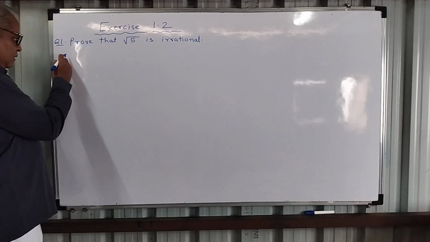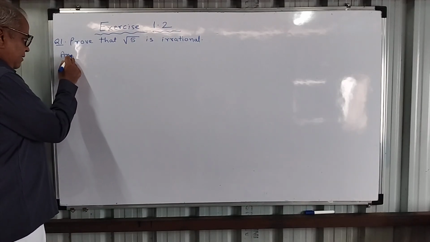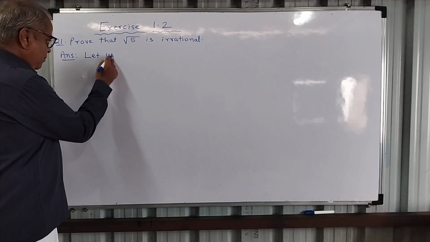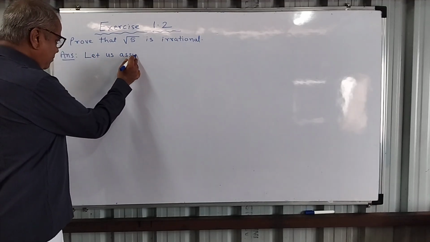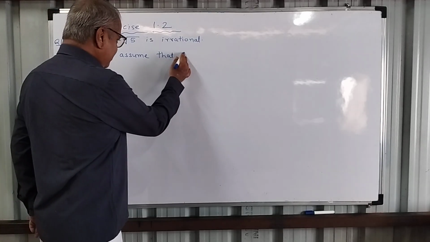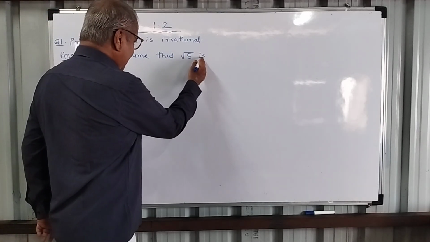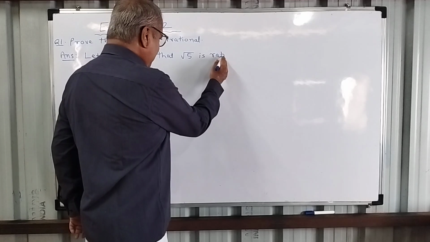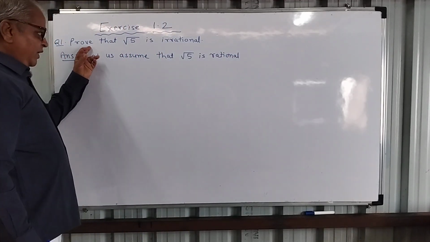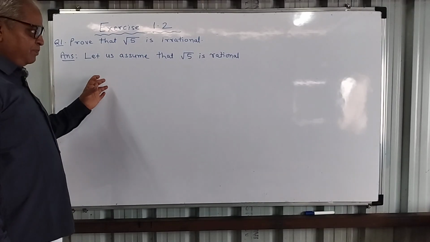First step is, let us assume that root 5 is rational. Root 5 irrational हे प्रूव्ह करायचे.